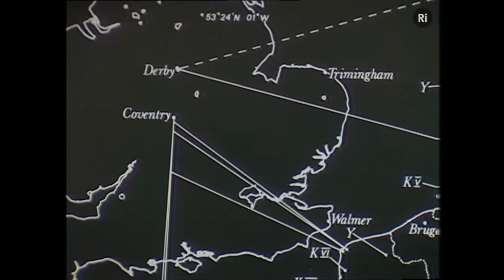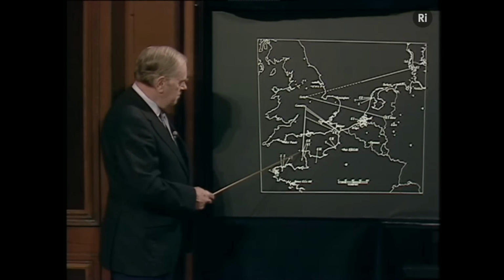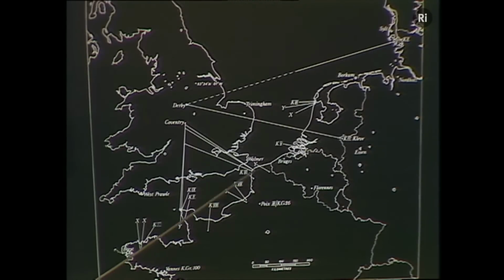Well, when the Germans advanced into France, the situation was much more favourable to them, and they now could direct beams from Cherbourg, or near Cherbourg, with cross beams coming in from Calais.